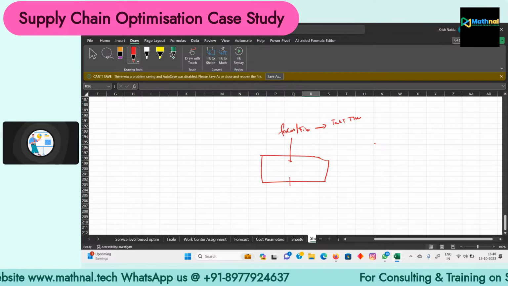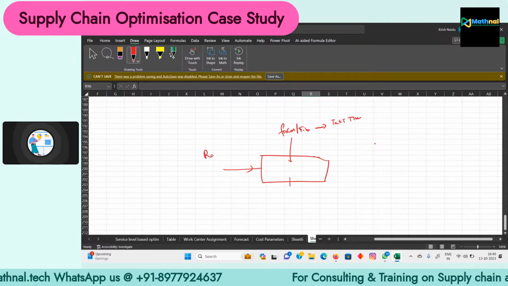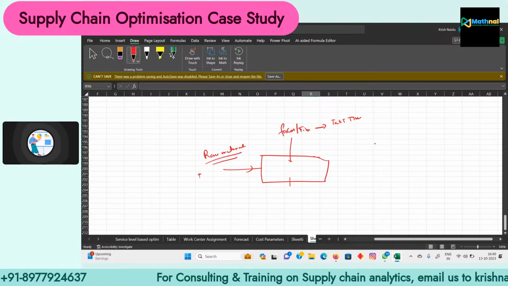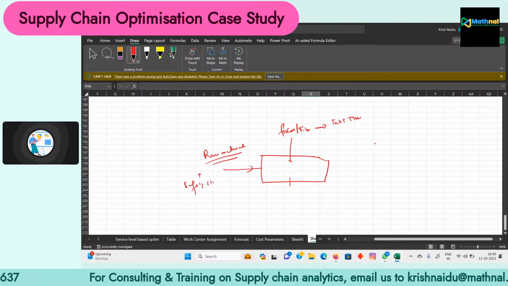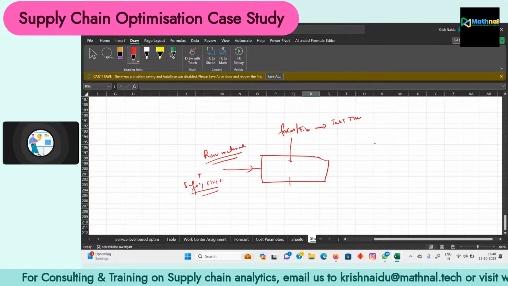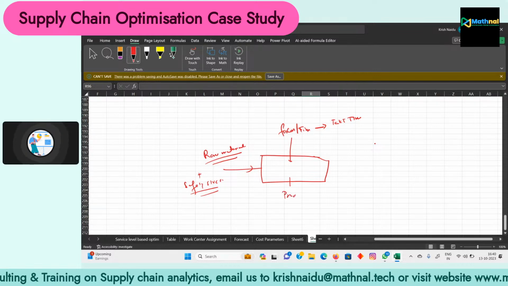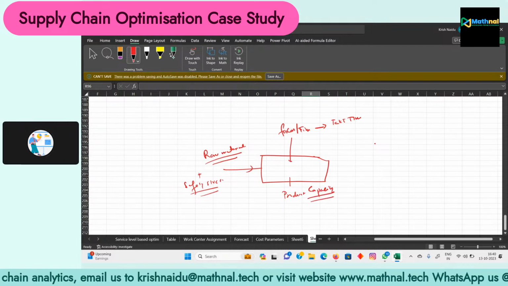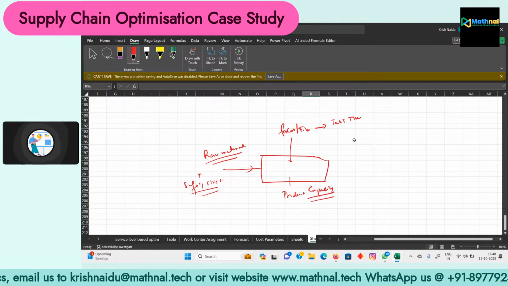Then the raw materials: how many raw materials we require and how much safety stock we require. That also we have taken into consideration. Then what's your production capacity? We have taken the production capacity.